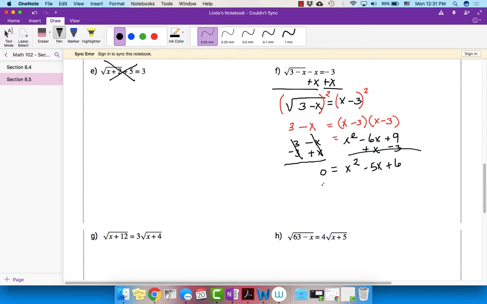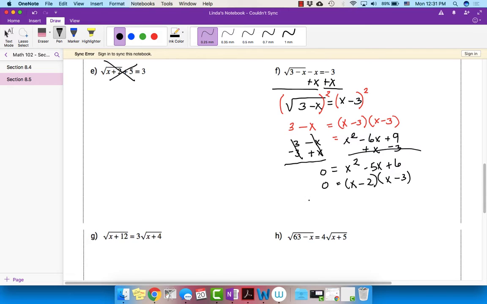You can try to solve by factoring here. I would have s and s, and a 2 and a 3. One way to get a negative 5 is negative 2 and negative 3, and you can see that negative 2 times negative 3 gives you positive 6.